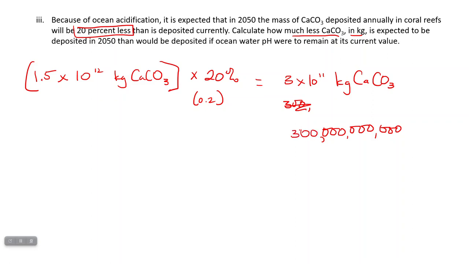Okay. So that's 300 billion fewer kilograms of calcium carbonate. This is also why I like scientific notation better.